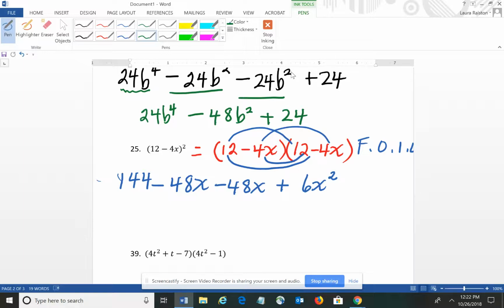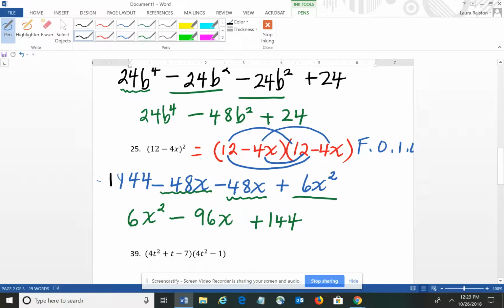Typically, when you write a polynomial, you want to write it so that you have the highest exponent first. So that means I'm going to put the 16x squared first. Then I'm going to have minus 48 and minus 48x. So that's minus 96x plus 144. Now, you may not recognize that as a plus, but remember that if there's not a sign written there, it's an understood plus in front of the 144.